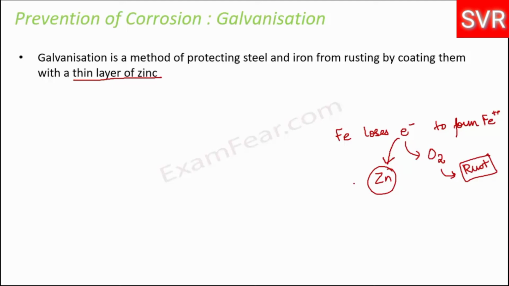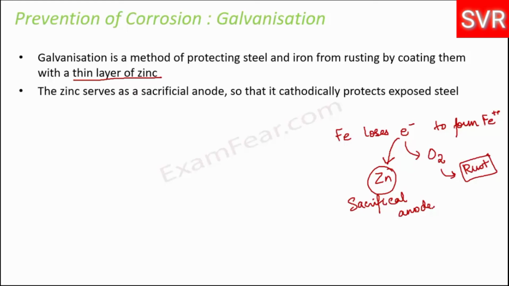For this reason, zinc is often termed the sacrificial anode, because zinc is sacrificing itself to protect the steel or iron from rusting. So zinc takes this electron and therefore prevents oxygen from taking the electron, and therefore rusting doesn't happen. As I said, the zinc is the sacrificial anode and it cathodically protects the exposed steel.